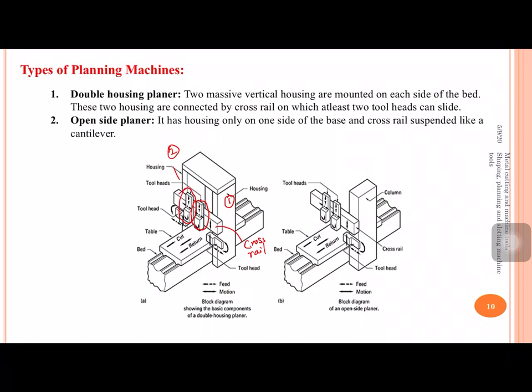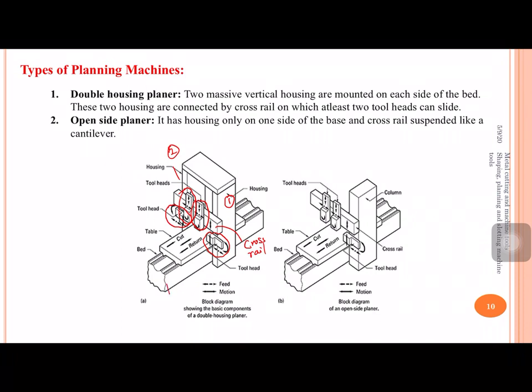And you can also see there are tool heads which are placed on the vertical columns. So what you can observe here is all these tools which are placed in these tool heads can be operated simultaneously, and so you can do parallel machining operations on this particular type of planing machine.